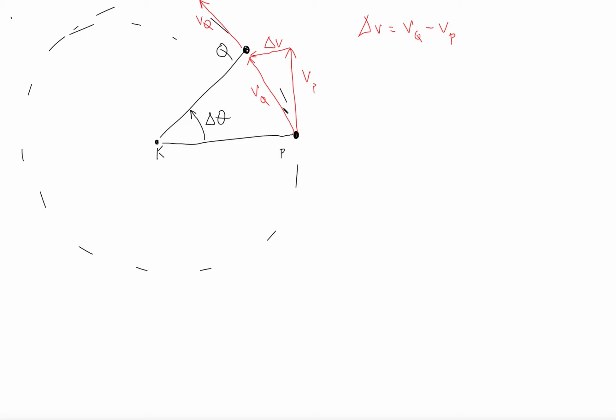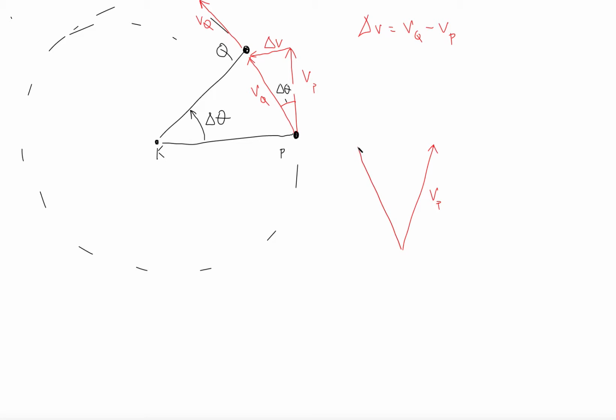And from trigonometry it follows that this angle here is also delta theta. Just make that a bit clearer. Let's have a look a bit more in detail at this drawing here. So here I've got Vp, it's a vector.